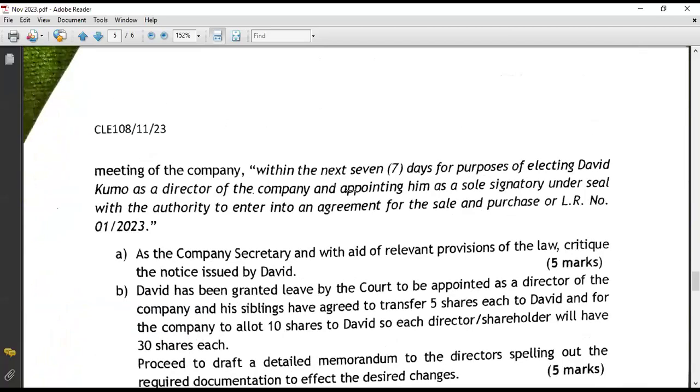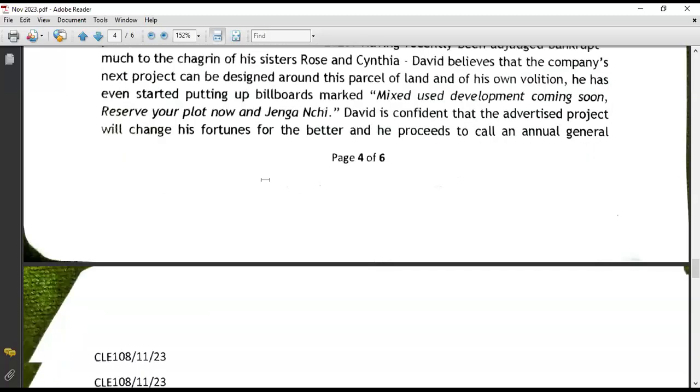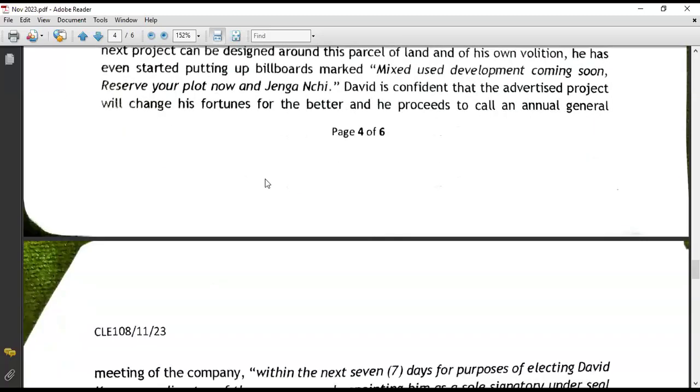So on the same line, when I was looking at this question, what came out is: David having been declared bankrupt, what can he do? What can he not do with regards to running of the business? On that bit, of course, we are going to discuss. There is another thing very, very important in this question.